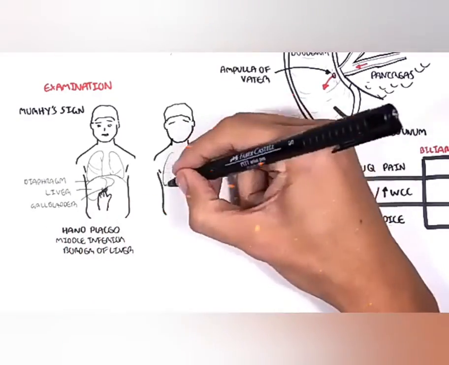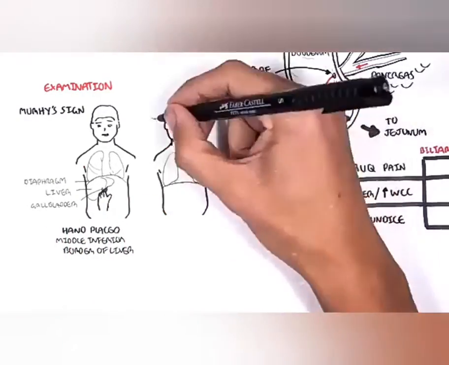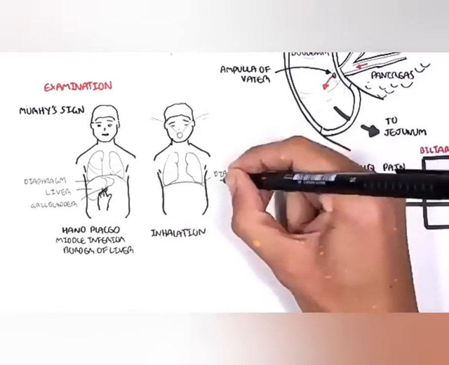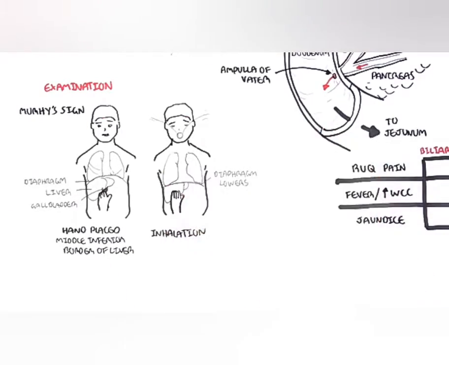The patient is then asked to take a deep breath in. The diaphragm lowers during inspiration, and with our hand being placed where it will irritate the gallbladder as the diaphragm pushes the gallbladder down, this will trigger pain. The patient becomes startled and stops breathing in.